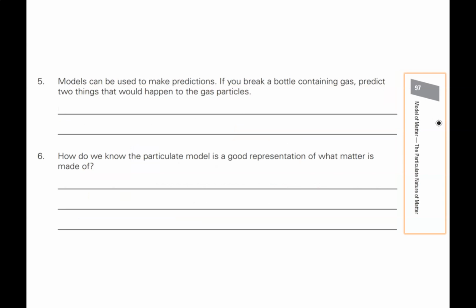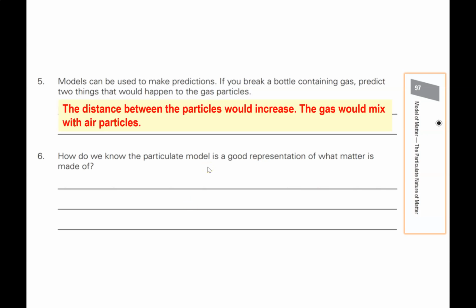Question 5. Models can be used to make predictions. If you break a bottle, the gas particles will escape to the surrounding. So the distance between the particles would increase, and the gas would also mix with air particles in the surrounding. Question 6.